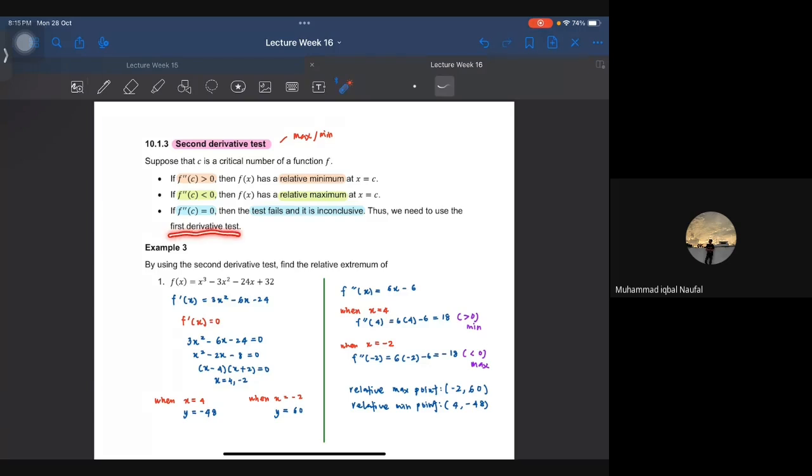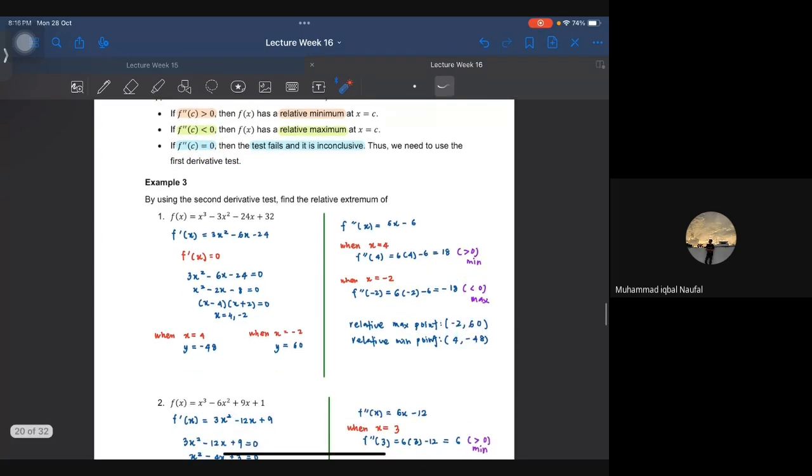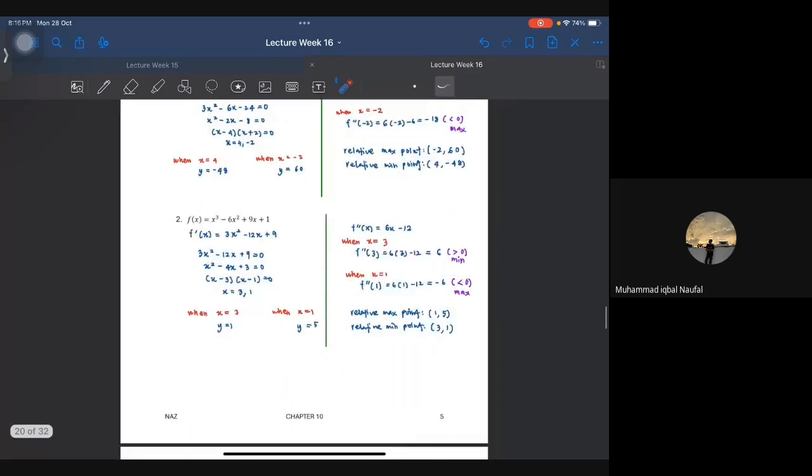Okay, so kadang-kadang dia depends pada soalan juga. Kalau soalan tu tak cakap, awak boleh guna mana-mana yang awak rasa sesuai. So boleh guna first, boleh guna second juga. Tapi kalau nak guna second, bila nampak je ada equal to 0, dan memang kena patah balik guna first derivative. Right? Okay, so jom. Itu sahaja untuk second derivative test.